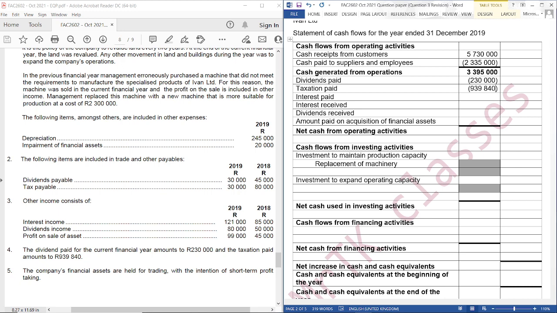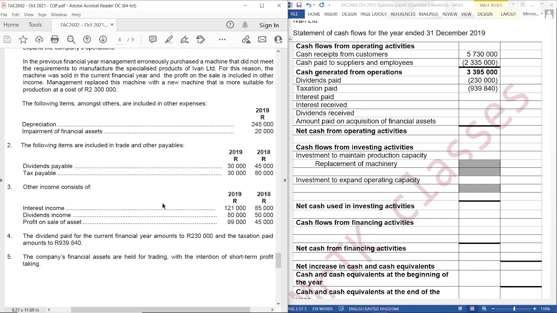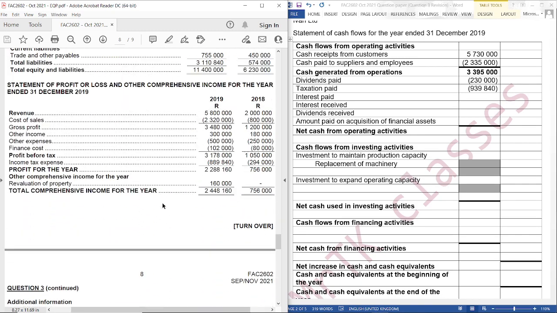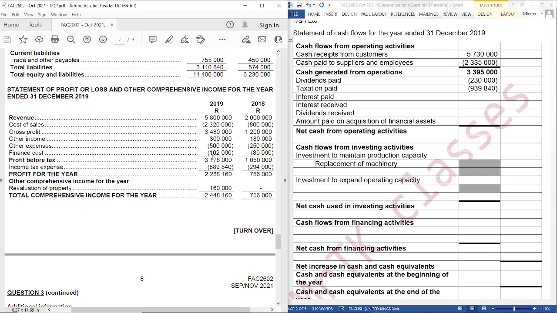Every time you say paid, you should put that amount in parentheses, because that is cash that is going out, right? Every time you say received, that amount shouldn't be in parentheses, right?